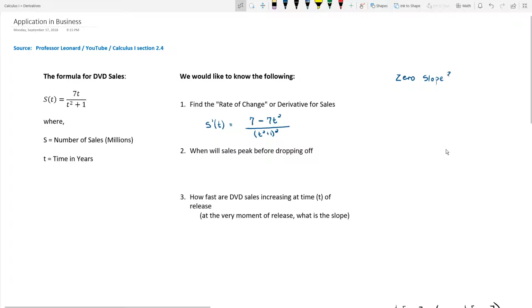Where for this function will I have zero slope? Well, we want to use the derivative of the equation that we found, S prime of t, in order to solve that. And we have learned how to find what we are calling a horizontal tangent line.